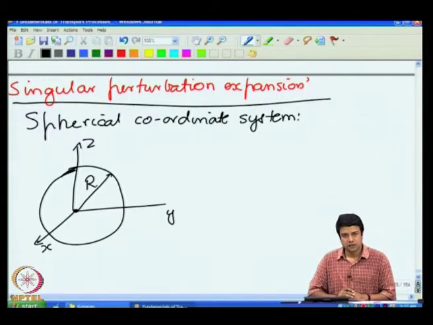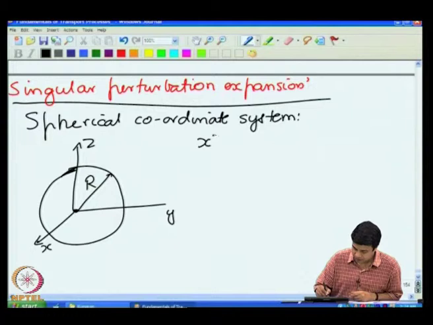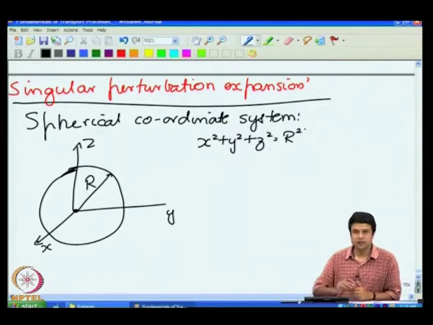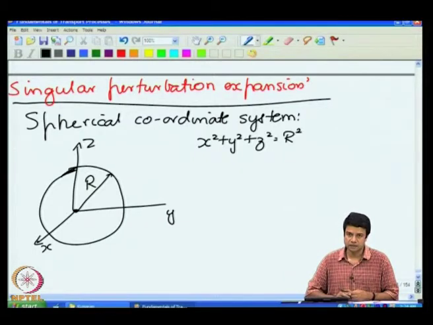If I were to try to express the equation of the surface in a Cartesian coordinate system, I would have to say that x squared plus y squared plus z squared is equal to r squared, which is a rather cumbersome surface to deal with. So, I would prefer to deal with a situation where the surface of the sphere itself is a surface of constant coordinate.